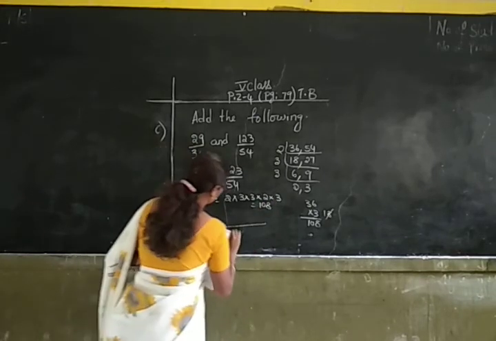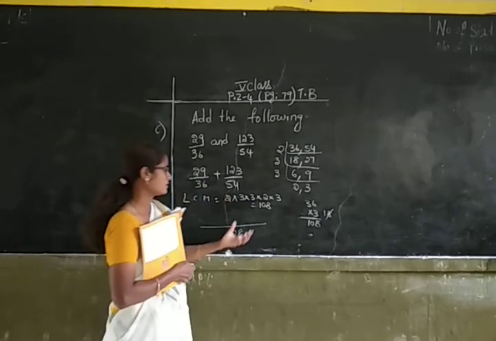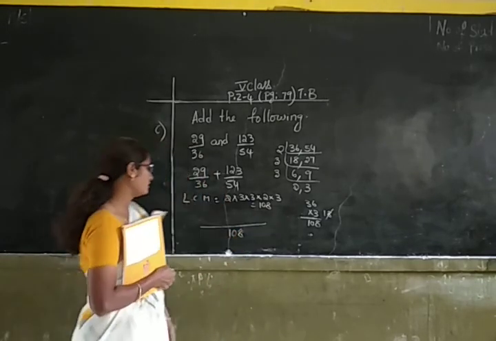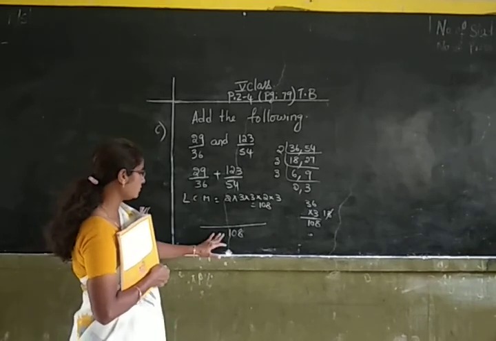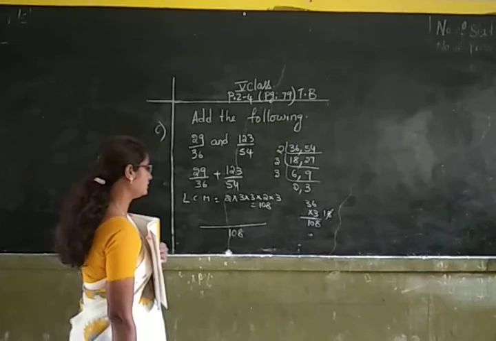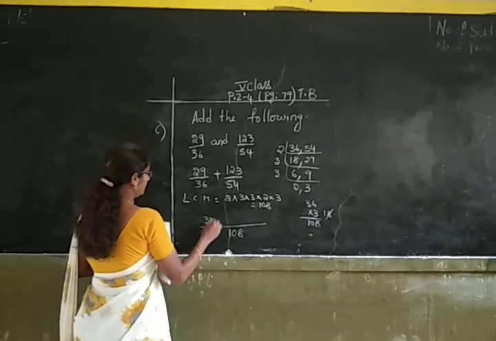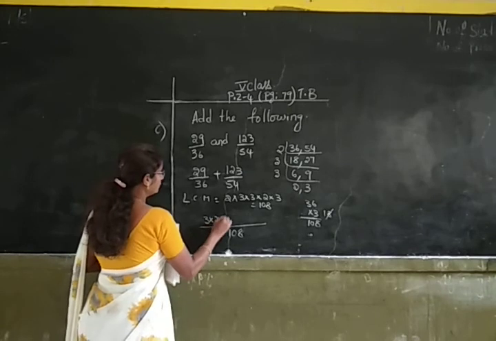So the LCM will become the denominator because we have to make them into like fractions. So how many times does 36 go in 108? 36 goes 3 times in 108. So 3 into 29.